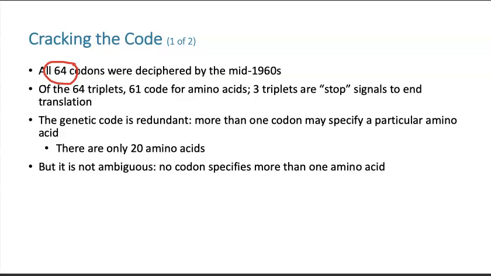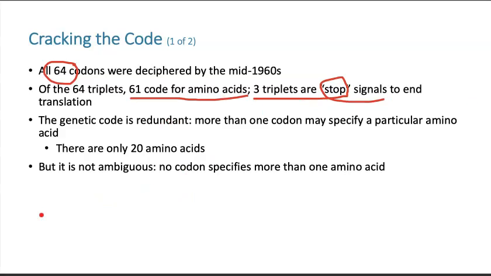There's only the 20 amino acids. So of those 64 triplets that could code for amino acids, 61 of them actually do. 3 of them code for something called stop signals, and 61 plus 3 is 64.